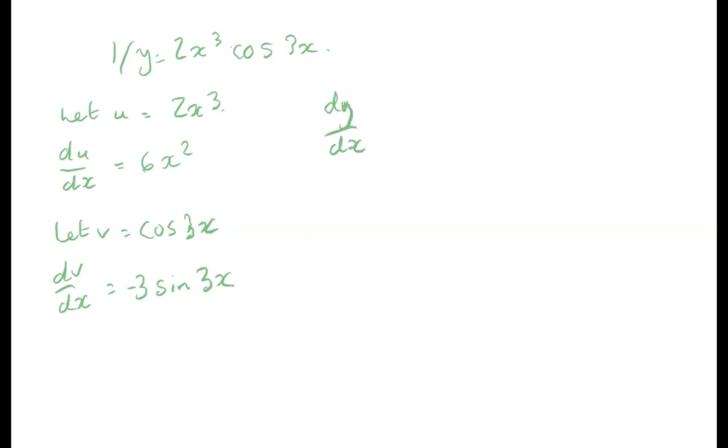Because when you differentiate cosine, going back to the table, I'm just checking, the entry in the table for cosine of x is minus a times the sine of x. Right. Oh yes.